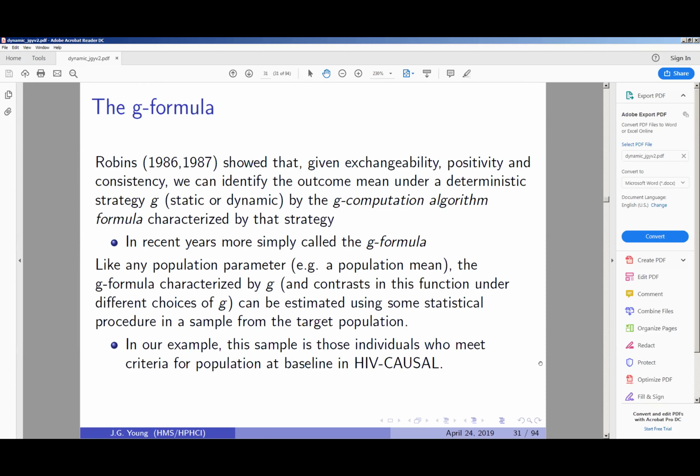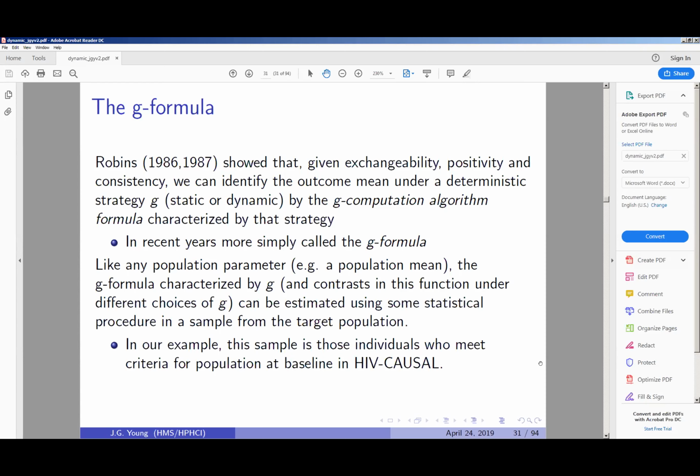The G formula, characterized by some G, and contrasts in this function under different choices of G, say G1 versus G2, now, by our previous arguments, identifies a causal effect as a function of the observed variables as opposed to counterfactual variables. So this is our population parameter, and it can be estimated just like any population parameter using some statistical procedure in a sample from the target population.